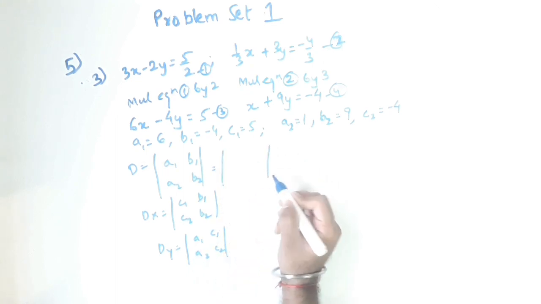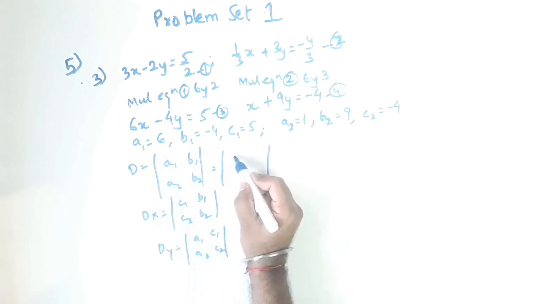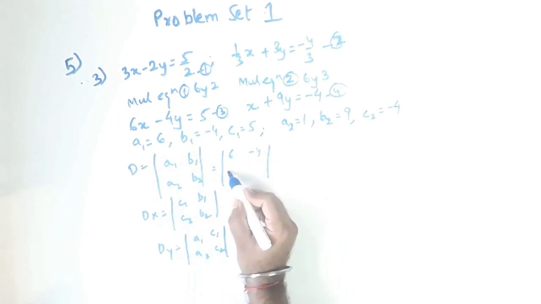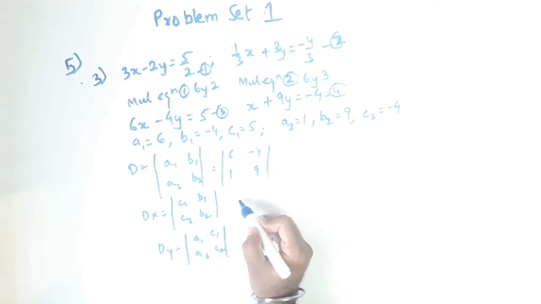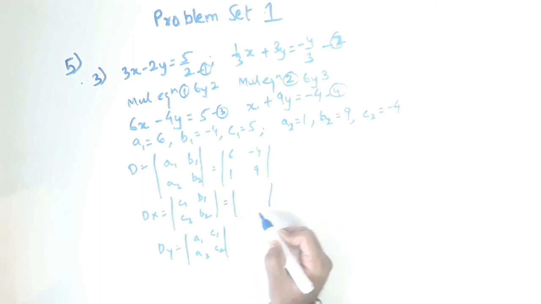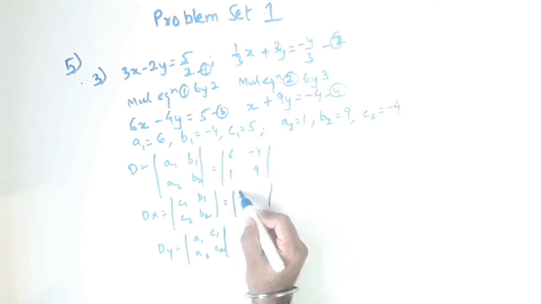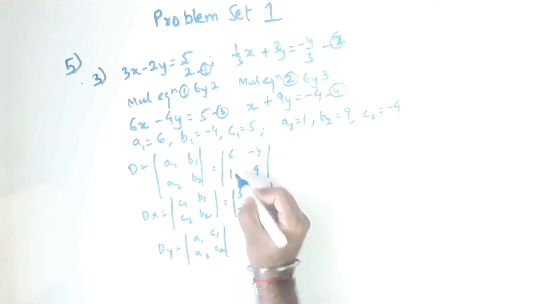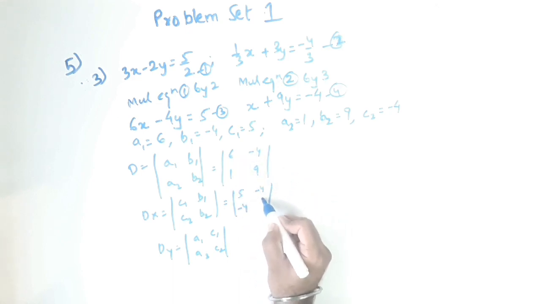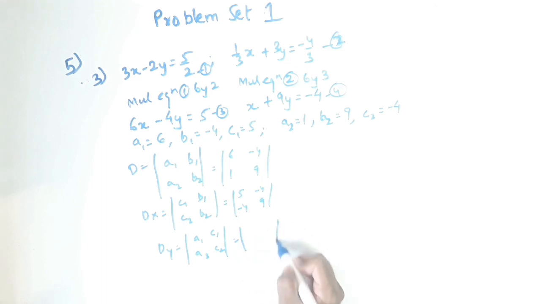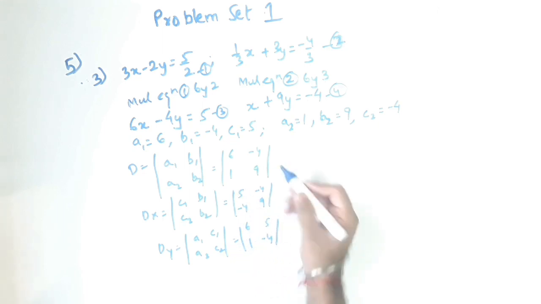Then a1 b1 I'll write 6 minus 4, a2 b2 1, 9. c1 5, c2 minus 4, b1 b2 I'll copy from here, minus 4 and 9. a1 a2 I'll copy from here, 6 1, and c1 c2 from here, 5 minus 4.